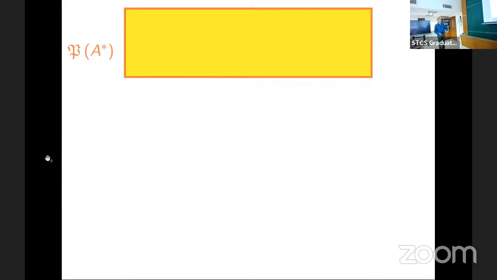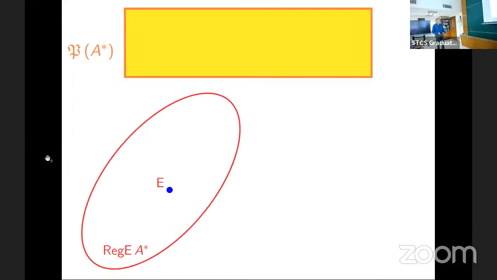Okay, so here we are. This is the set of languages, subsets of A star. This is the set of regular expressions, where one regular expression denotes a language. And this defines the set of regular languages. We can say that the regular languages are those languages which are denoted by a regular expression.